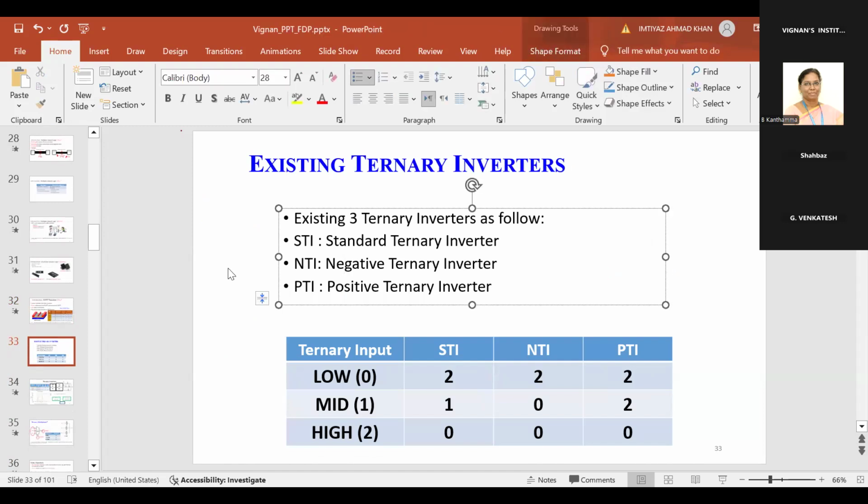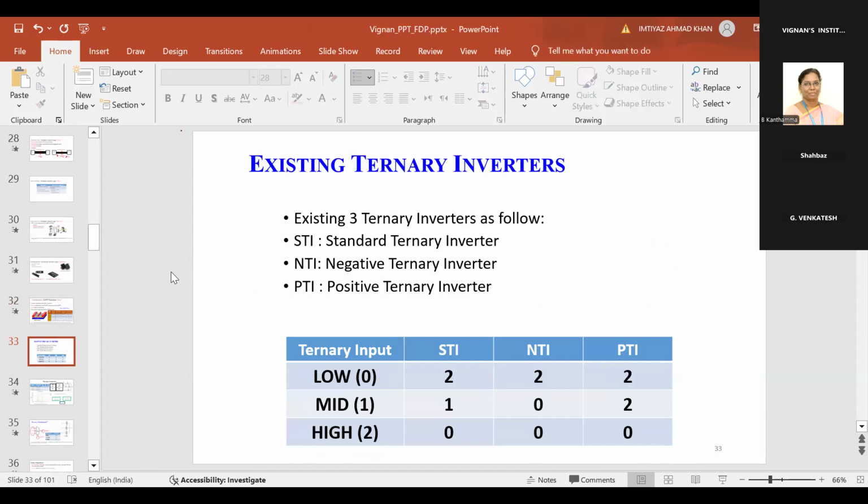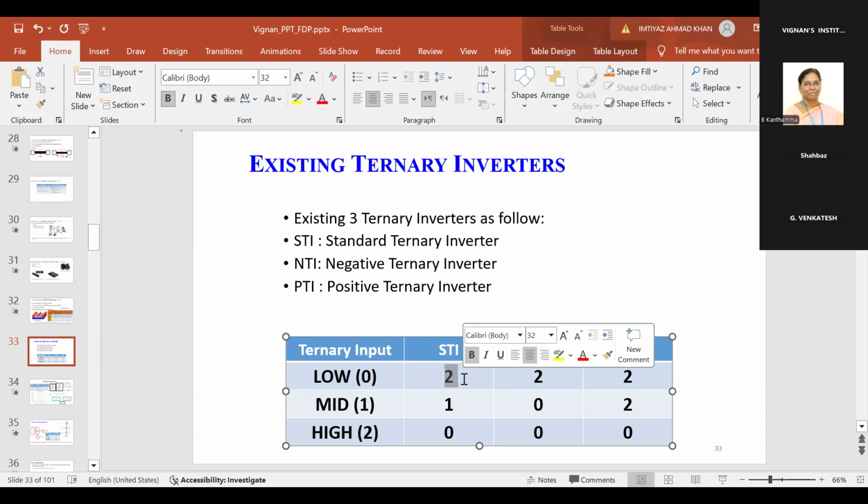Here are three inverters. In binary, I can say only a simple inverter, but ternary uses three inverters. One standard ternary inverter, second negative ternary inverter, and third positive ternary inverter. When your input is logic zero, then your output will be high. In binary also, when your input is zero, then output will be high.